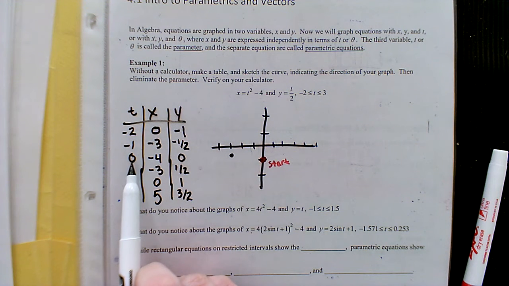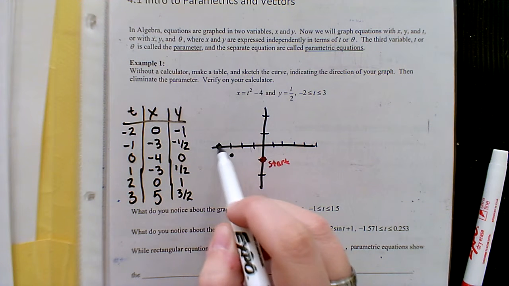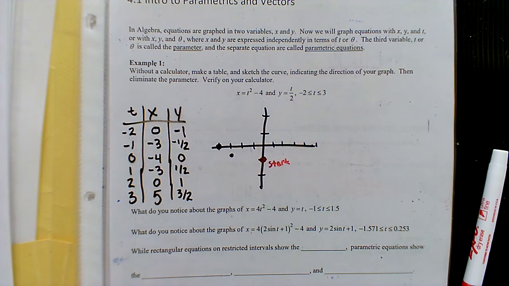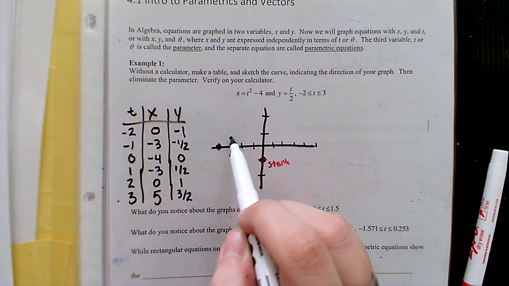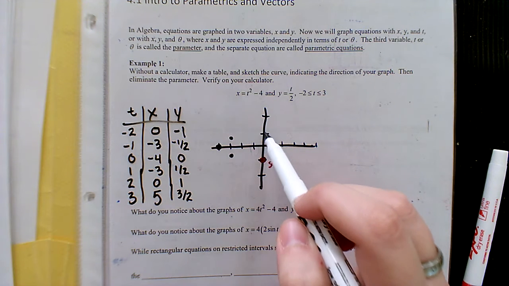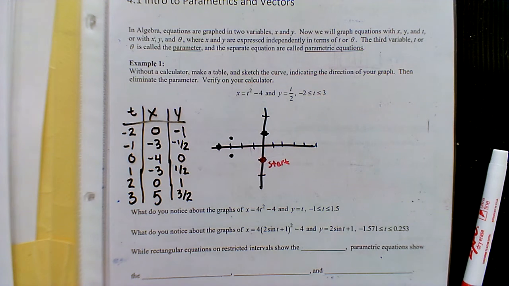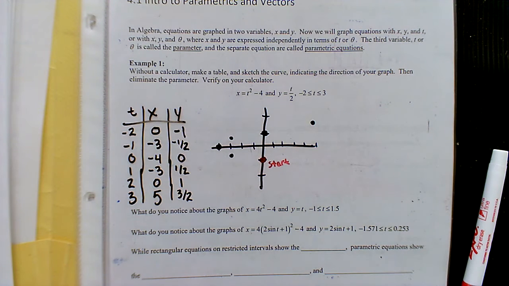At time 0, another second later, we're at -4, 0. Another second later, we're at -3, 1.5. At time 2, we're at 0, 1. And then at time 3, we're at 5, 1.5.